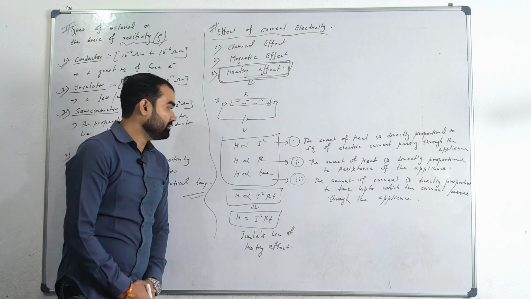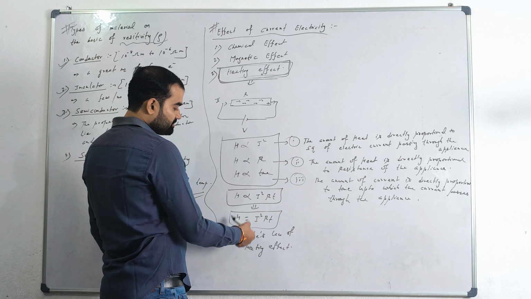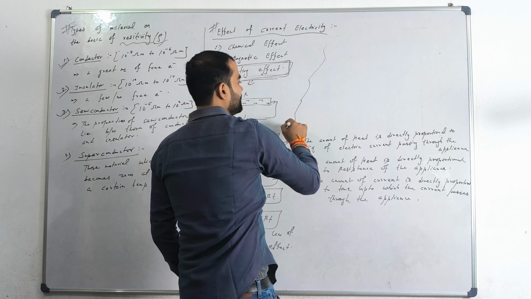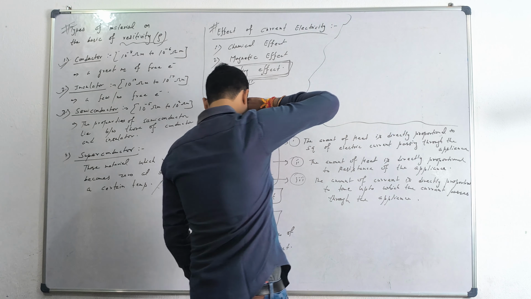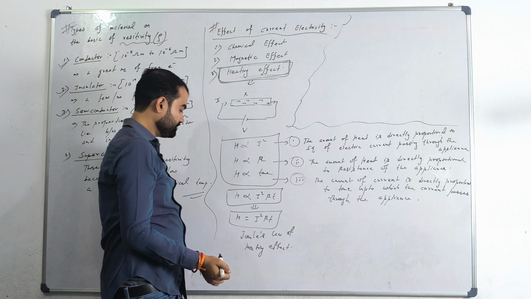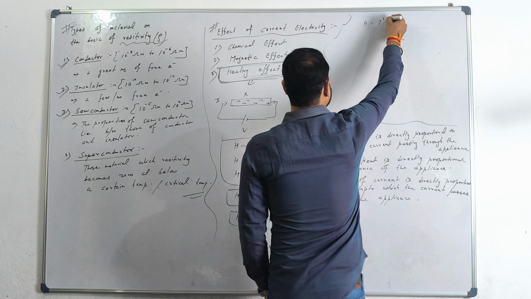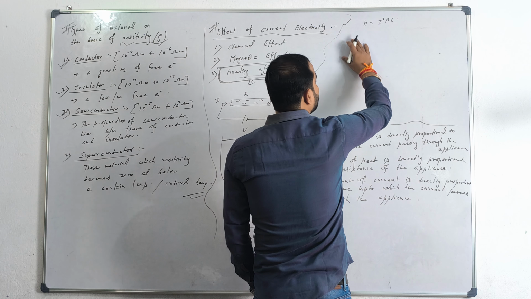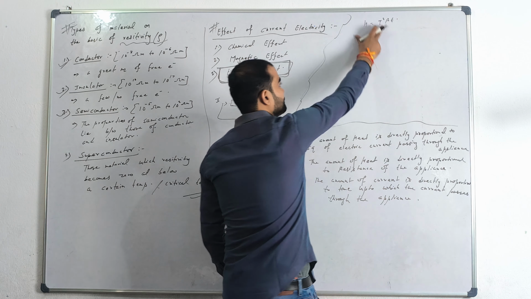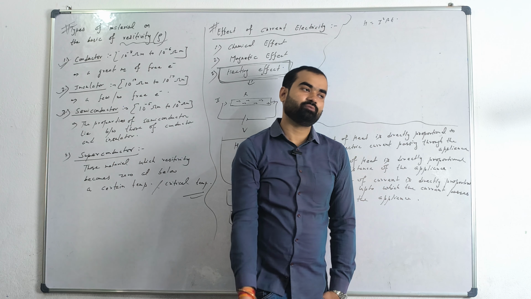But from our point of view, V is missing. That's not a big problem because we are very smoothly connected with Ohm's law. We have H equal to I square RT, and we convert this mathematical representation in terms of potential difference.